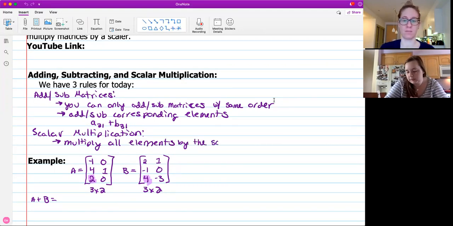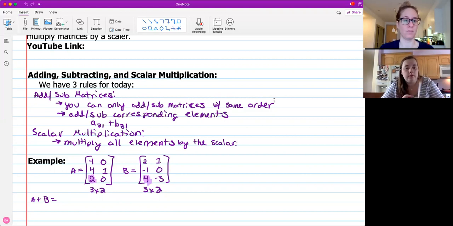And remember, scalar is just a number. We used these with vectors. When we were multiplying vectors by a scalar, we multiplied everything by the scalar. So this is the same idea, same concept. It's just a number, and you're just multiplying everything by the scalar.